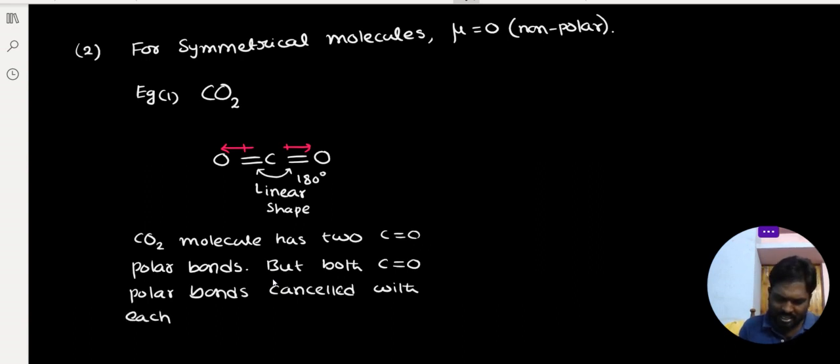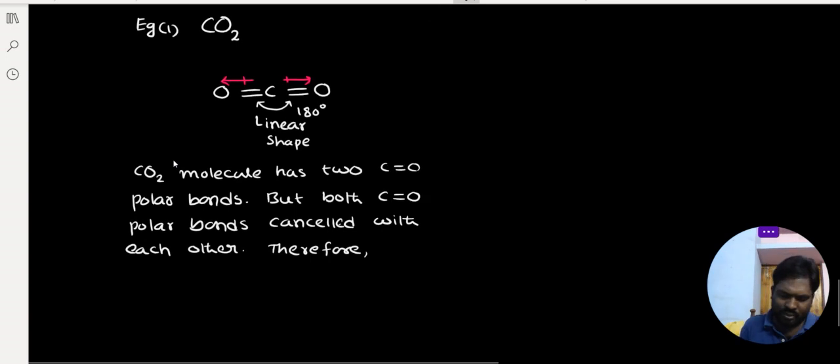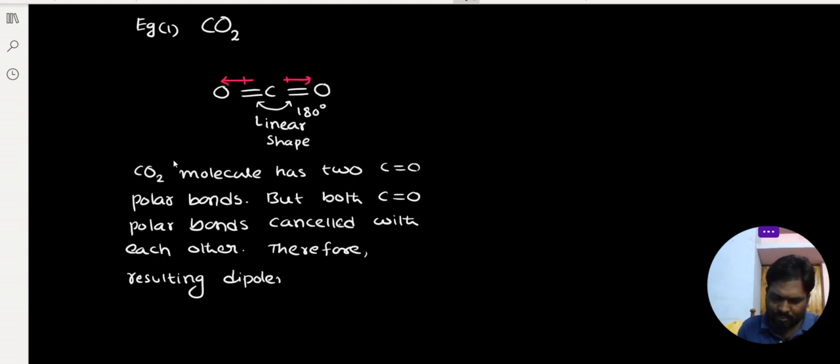Therefore the resulting dipole moment is 0, so mu value 0.